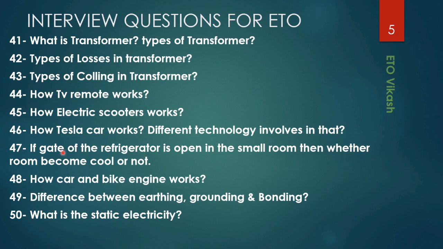This question may be asked, and the room will not be cool because when you open the refrigerator inside a room, the cold air will come outside, but at the same time your condenser unit at the backside is inside the room, so the same amount of heat will get released in the room. So it will get equalized, so it neither gets cold nor hot.